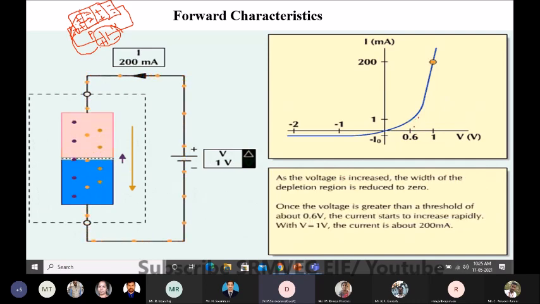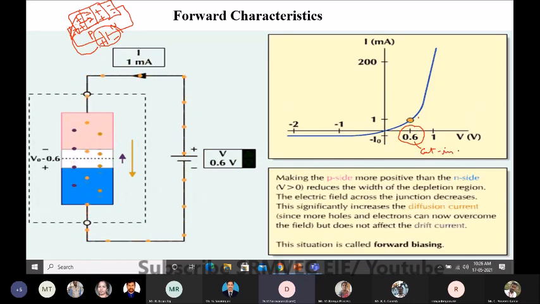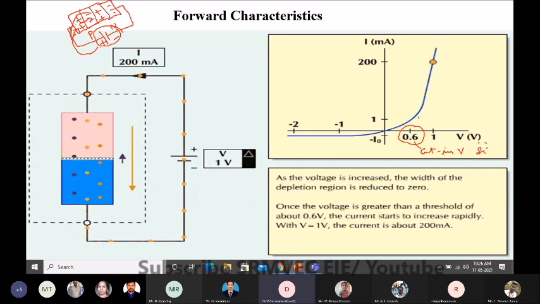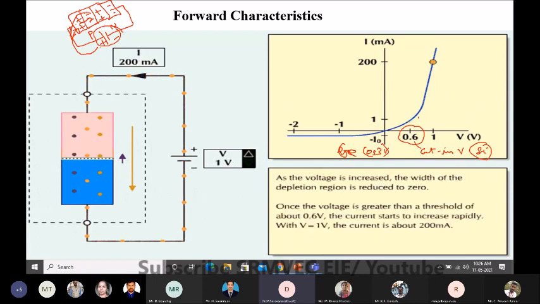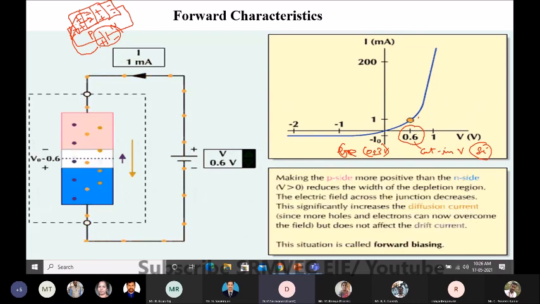So what do you mean by this 0.6 or 0.7? We call it the cut-in voltage, and this is particularly for silicon. For germanium it is usually 0.3. That is the barrier potential which will be available in a normal natural PN diode.